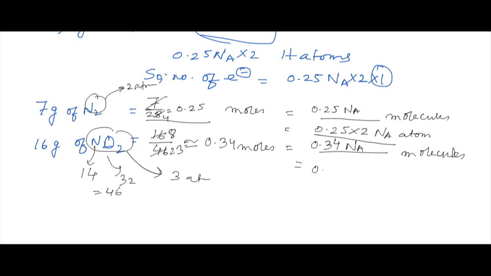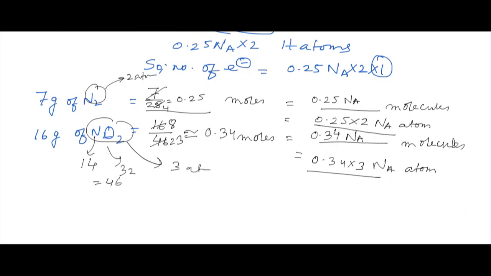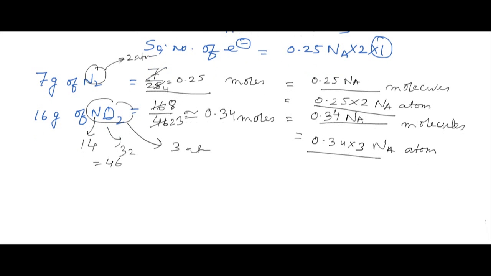So this will be 0.34 into 3 Na atoms, because 1 N and 2 O atoms. So in this case also the number of atoms will be higher in case of nitrogen dioxide. This type of question has been asked in examinations around 2000 to 2002.